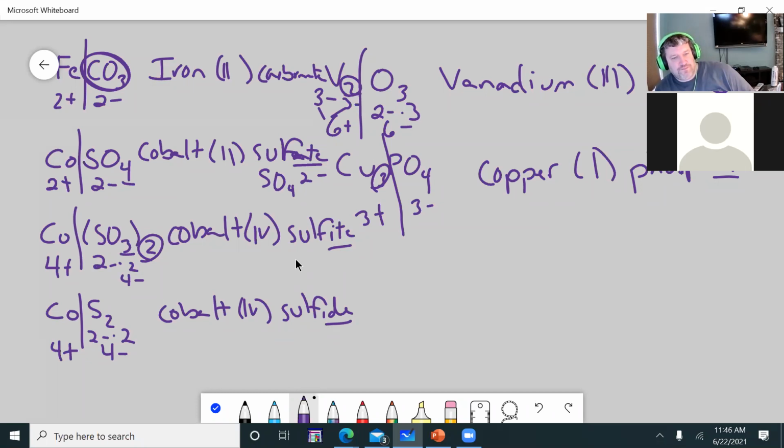Sulfite is talking about SO3 2 minus. Sulfide is talking just about sulfur. How do you know this? Well, get in the habit of seeing IDE as being most of the time correlated with the element. ITE and ATE are polyatomic ions. Just check your polyatomic ion list. Does that give clarity?